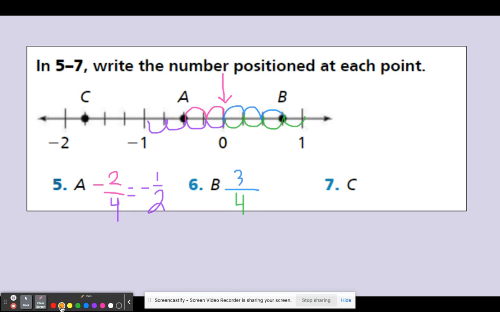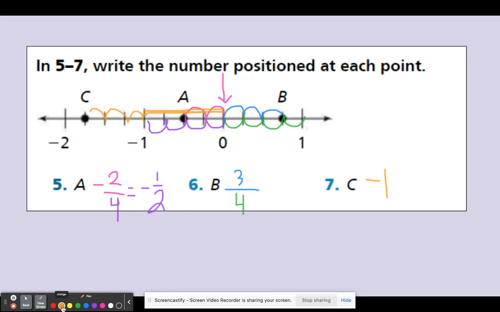Last one is C. Now, if I start at 0 and I have to get to C, I'm going backwards. So is that positive or negative? Negative. Now, C is way back there. To get to C, I have to go all the way to negative 1. Then I have little bunny hops. So I'm starting with negative 1, and let's see how far past that it goes. 1, 2, 3.